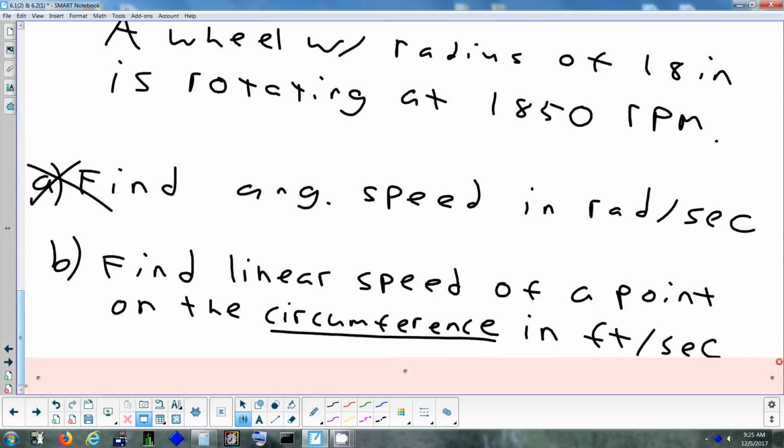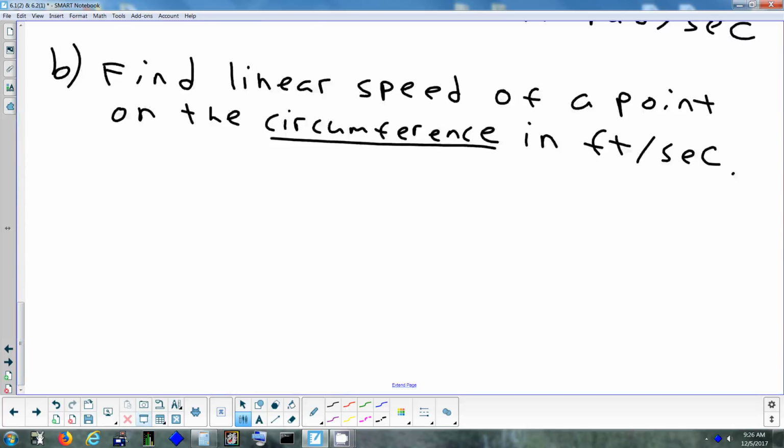Okay, so let's start with our speed, 1,850 revolutions per minute. You should know that one. Like the RPM, doesn't stand for radians per minute. RPMs conventionally stands for revolutions per minute. Revolutions, 1 minute.